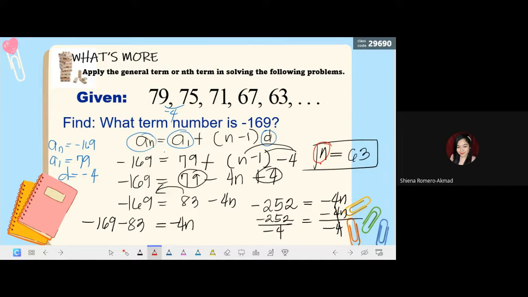Hindi ganun. So, ang count natin dito is counting numbers. Kasi lahat ng counting numbers is positive. Okay, we started 1 and so on. Malinaw? Let's proceed.